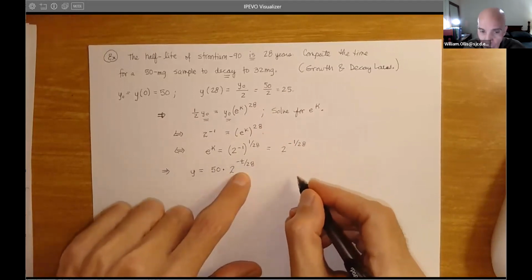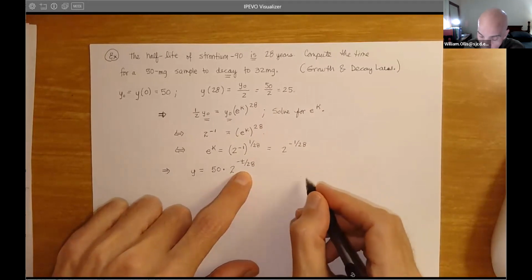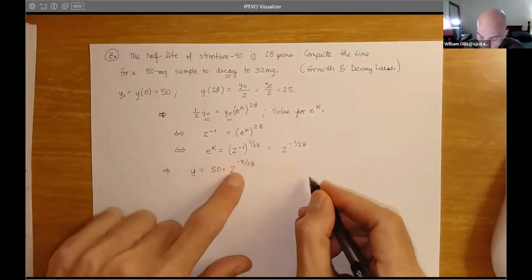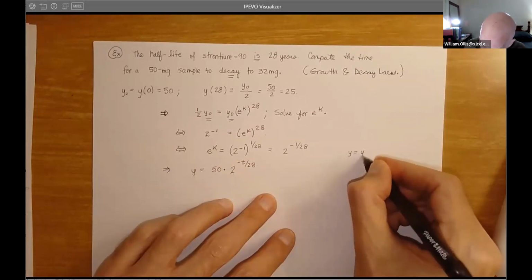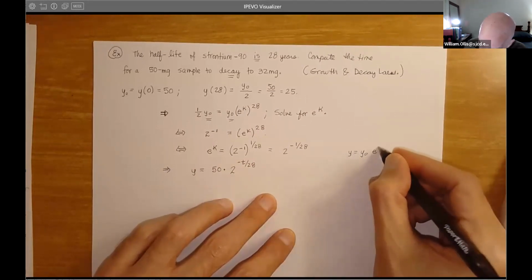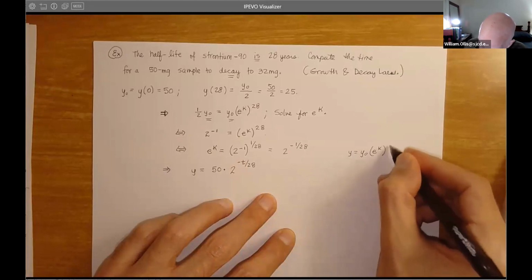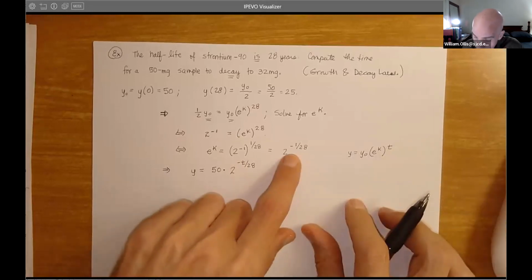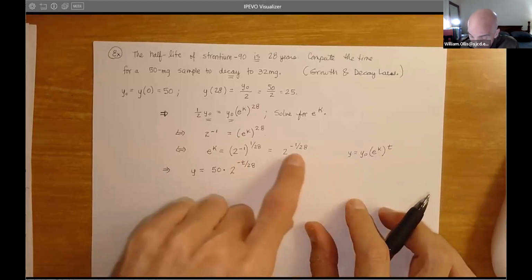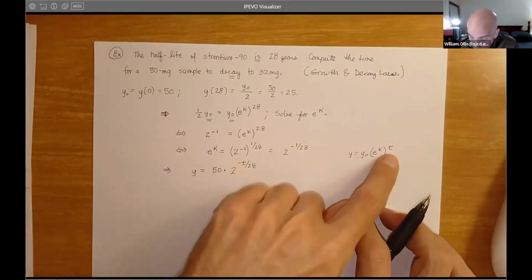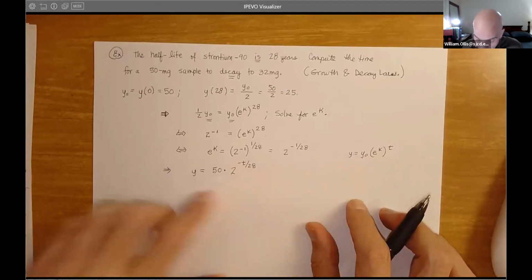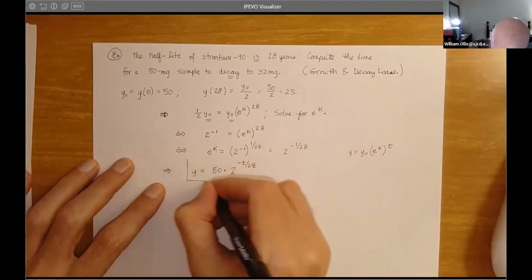So when we think about our model, again, we're just raising e to the k to the t power, because remember we have y equals y naught e to the k raised to the t power. So we simply substitute e to the k, 2 to the minus 1 over 28 power right here, and multiply by the t using the laws of exponents. So here is our predictor.